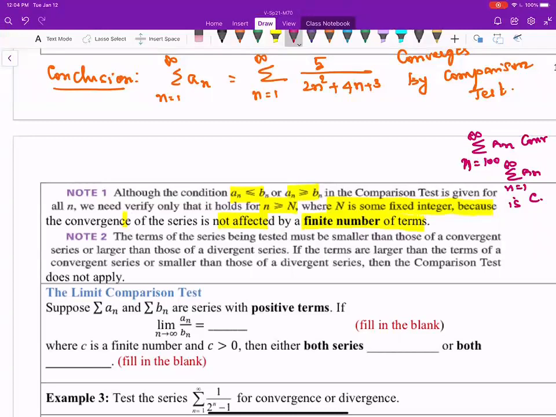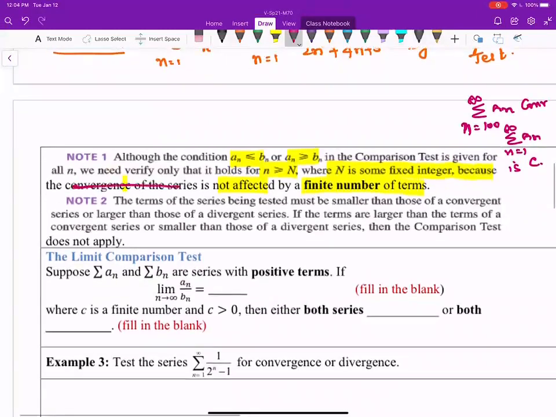One starts from the first term, the second one; if you start from n equal to 100, it starts from the 100th term. So the difference is only a finite number of terms. As long as it's only a finite number of terms, the convergence is the same for both. If the first one diverges, the second one should diverge. If the first one converges, the second one should converge. That's the point. The convergence of the series is not affected by a finite number of terms.